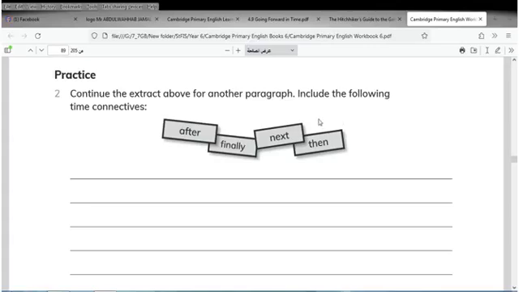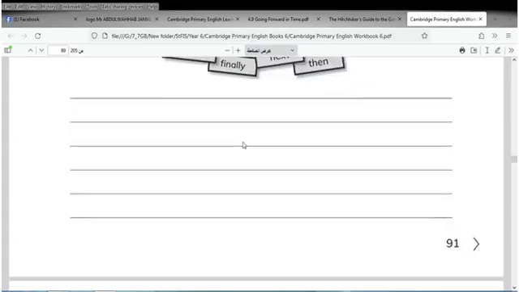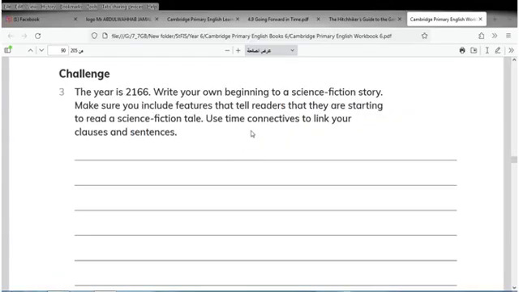Include the following time connectives. And then the challenge: write your own beginning to a science fiction story in the year 2166. Make sure you include features to tell the readers that you are starting to read a science fiction tale. Use time connectives to link your clauses and sentences with each other.